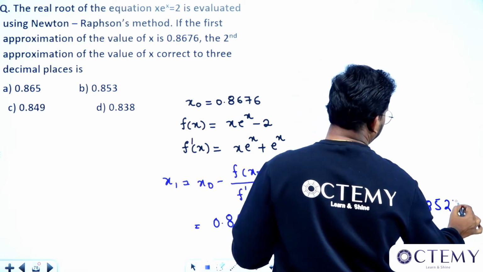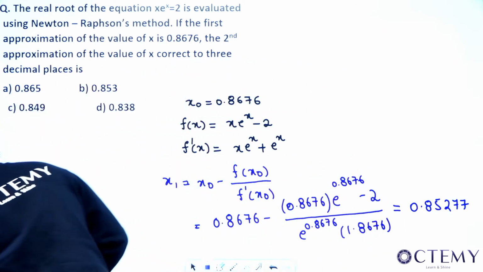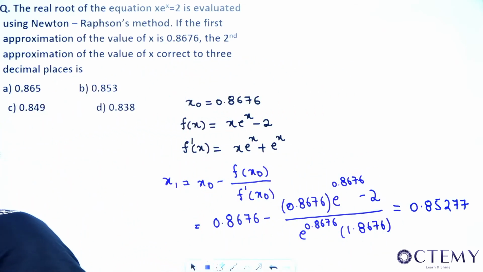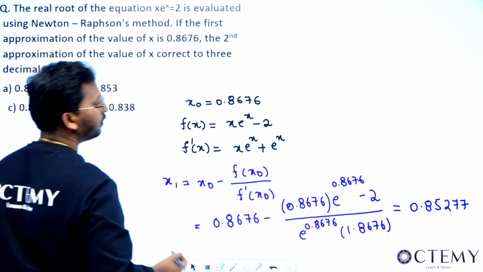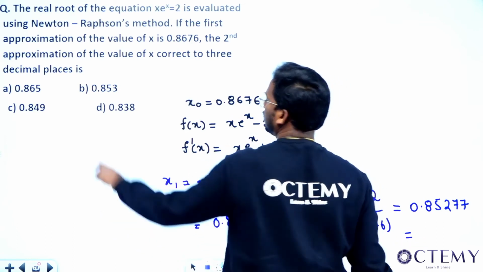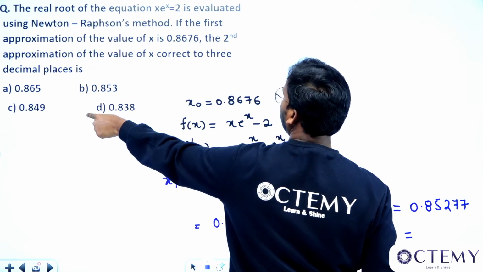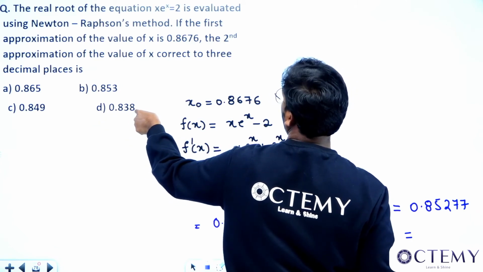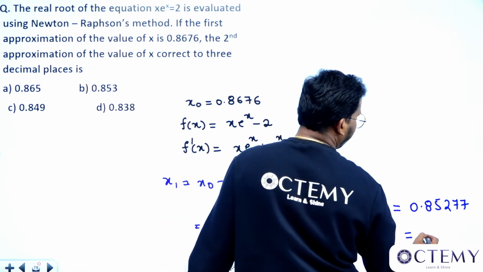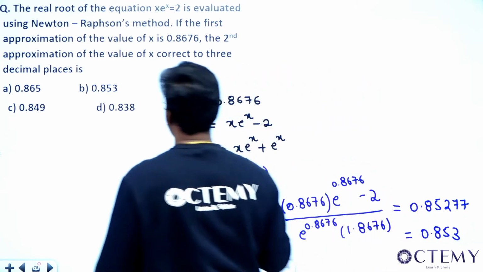I got 0.85277. If we check the options, you can approximate it as 0.853, because the closest answer is: 0.86 is not right, 0.85 is right, 0.849 is not right, 0.83 is also not right. So you can approximate as 0.853. This should be the answer.